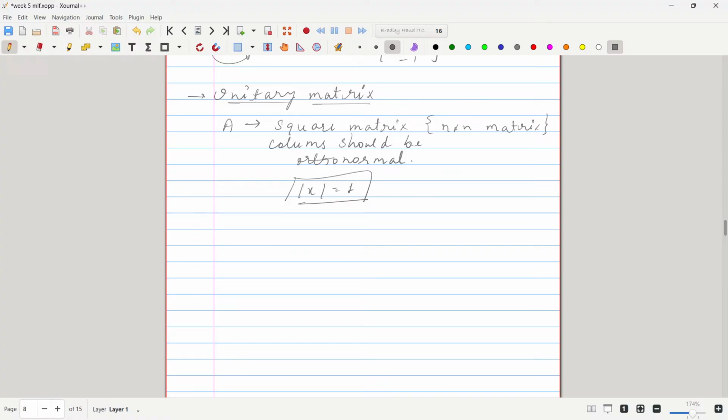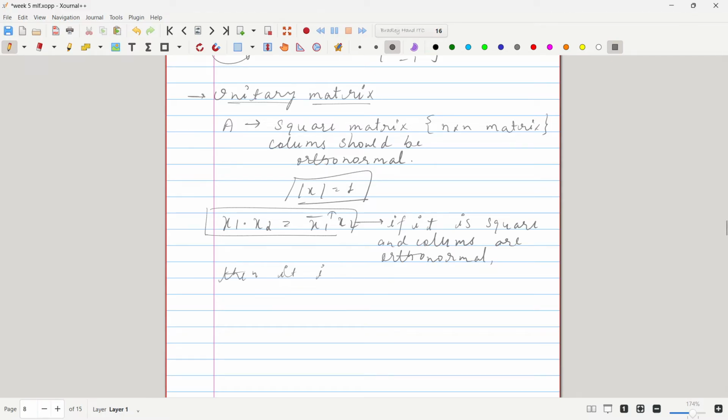Now suppose we have two complex vectors x1 and x2, and x conjugate transpose into x2 is equal to zero, and if it is square and the columns are orthonormal, then it is a unitary matrix.